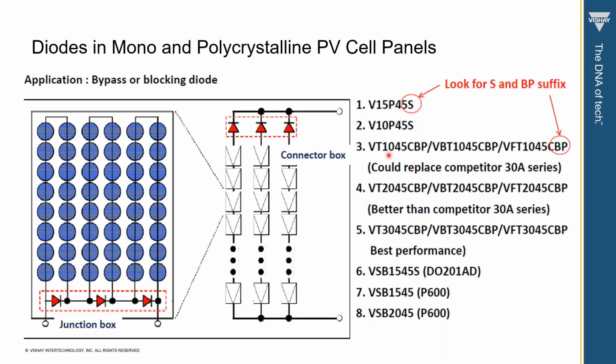And an example for this is a 10 amp, 45 volt diode. And this one we are able to replace the competitor's 30 amp series. All these are other series that we are able to offer for solar or the bypass.